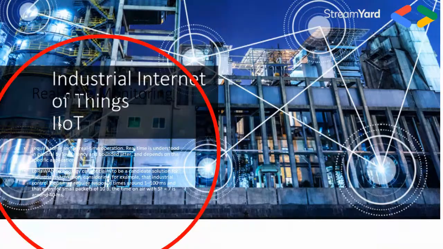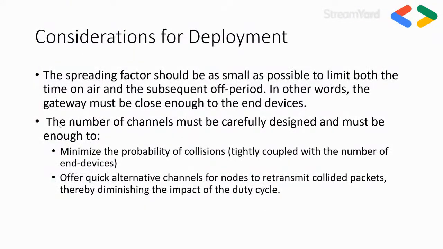We don't see LoRaWAN deployed in industrial applications. Okay, so the spreading factor is actually the one that controls the latency within LoRaWAN, and even if, as I mentioned, we operate with the best one, we can't satisfy the requirements of the IoT.